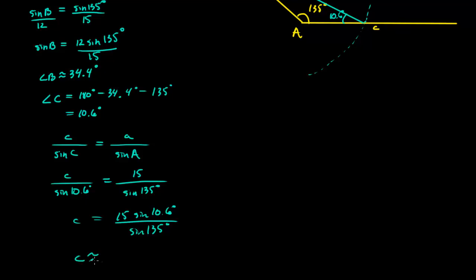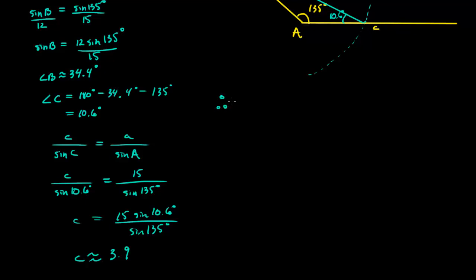So side C is approximately, do this on your calculator, you get 15 times sine 10.6 divided by sine 135, and you get that C is 3.9 approximately. So C is approximately 3.9 units.